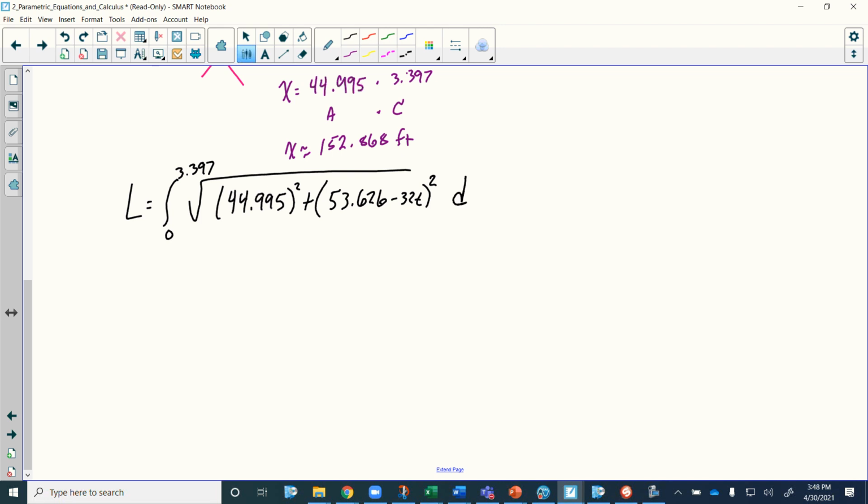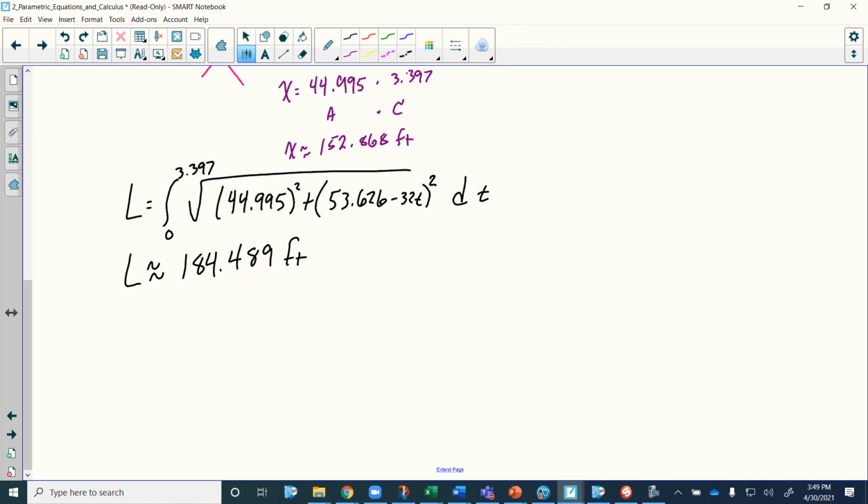And here we're doing everything with respect to time. If you have those numbers saved on your calculator, this is an easy thing to type in with your integration. And here, the approximate value of this is going to be 184.489 feet.